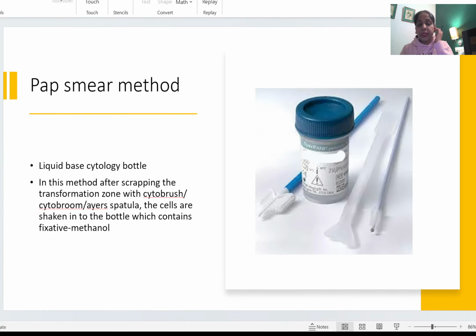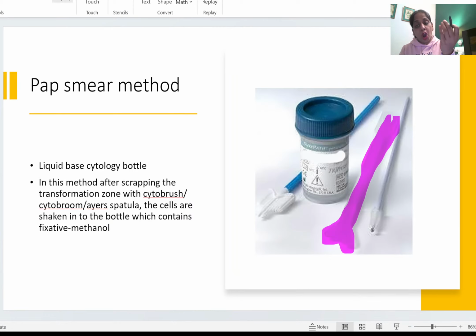Then this is the Ayre spatula. We can also take the cervical epithelial cells with the help of a broom and a cytobrush.